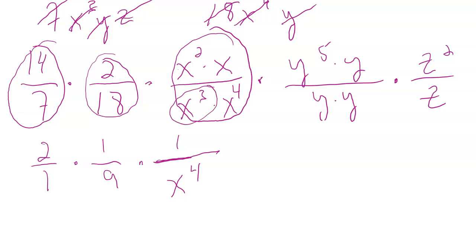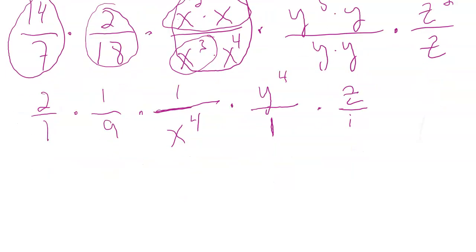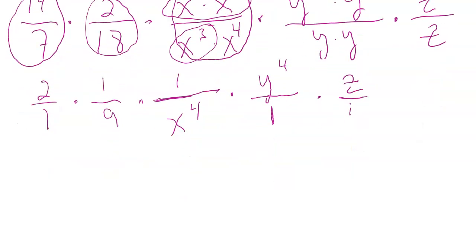Basically, this one is going to eat those two guys. And then we look at the y's. You have y to the 6th on top. If you have y squared on bottom, I believe this is y to the 4th on top. And you'll have a 1. And then finally, you'll have z over 1. And now you can take these partial fractions and make it a single fraction by multiplying.